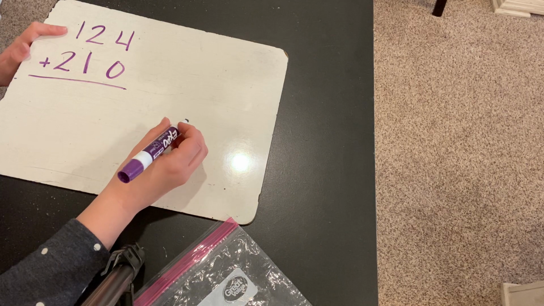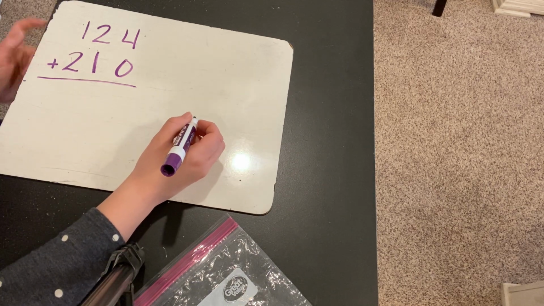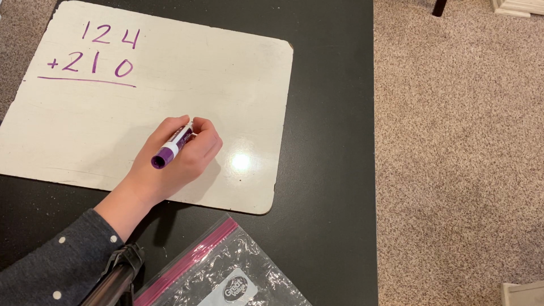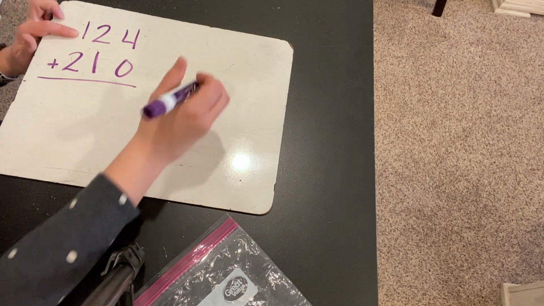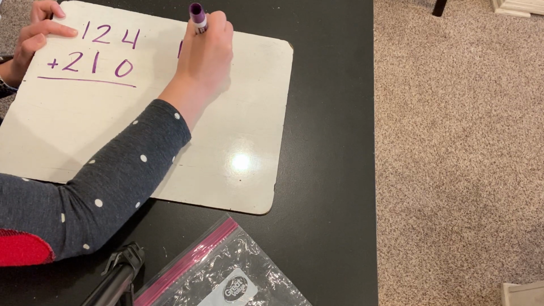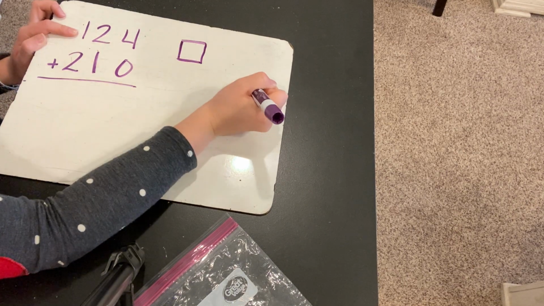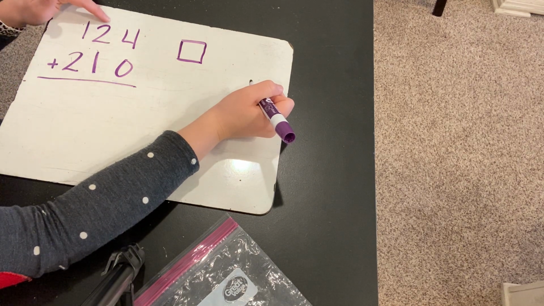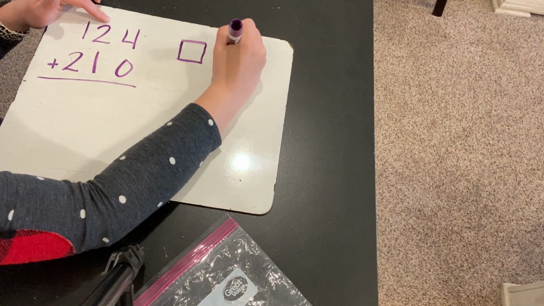Okay, so 124. Let's draw that out first with base 10 blocks. How many hundreds do I need for 124? We have 100, right? So 100. And then how many tens? There's 2 in the tens place, so 2 tens.